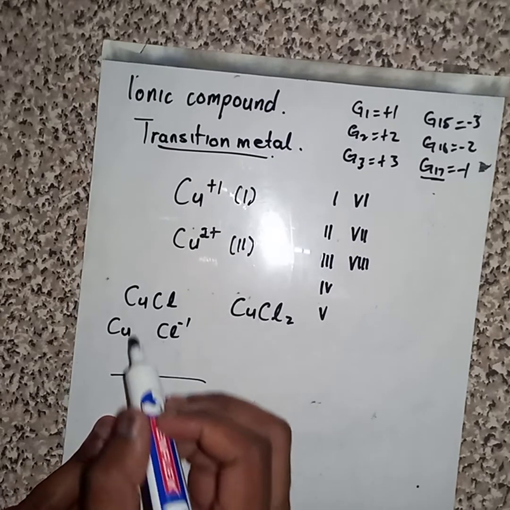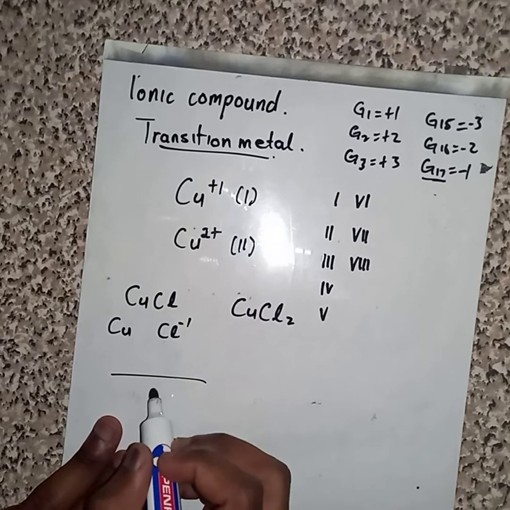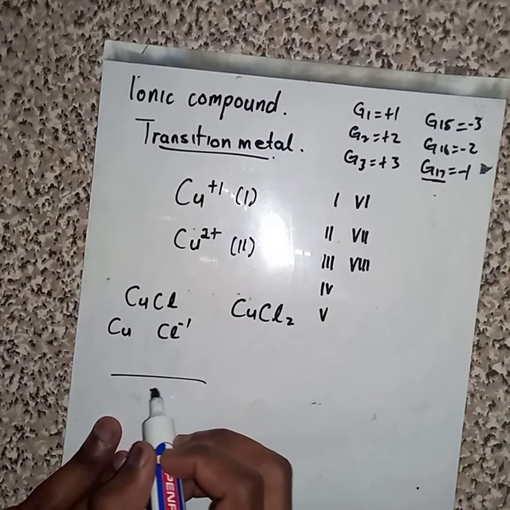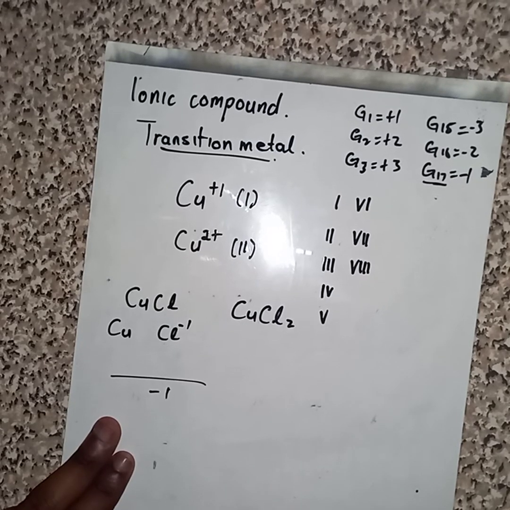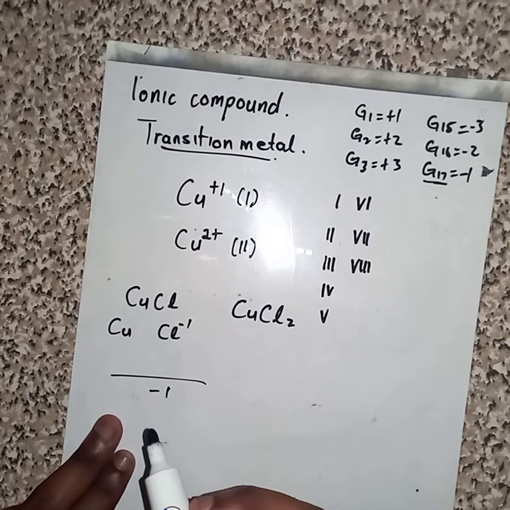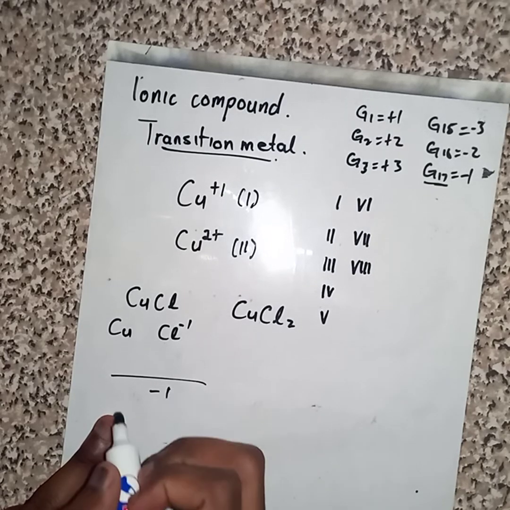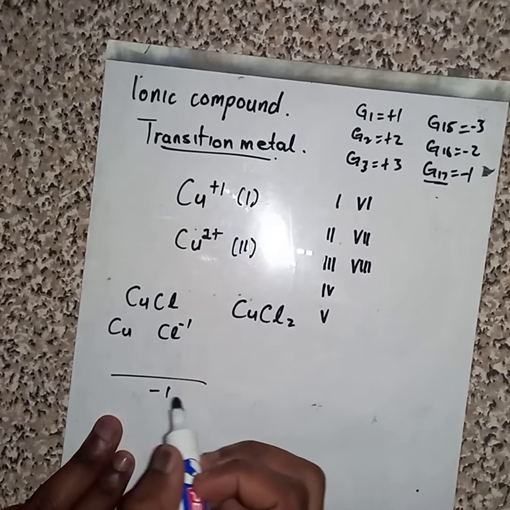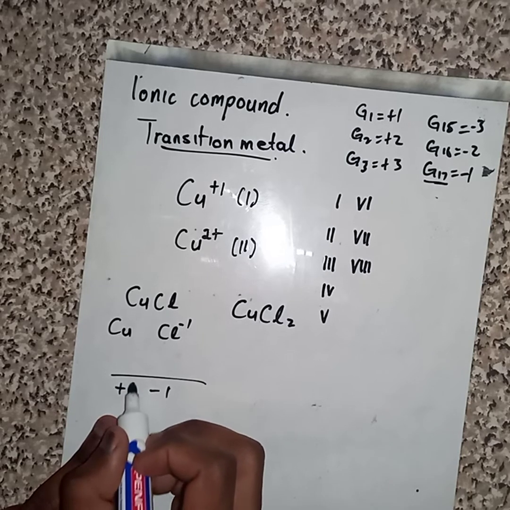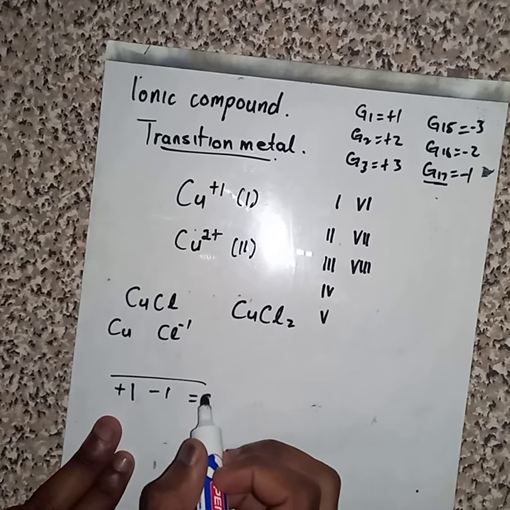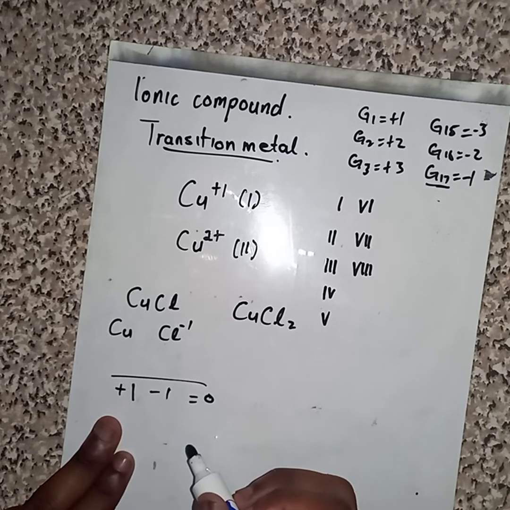I don't know the charge of copper at this position. To find the charge of copper, we write the overall charge of Cl, which is -1 in this case. Then ask yourself: what charge must I add so that I get an overall of 0? Clearly I must add 1, because I get 0 when I add them both.